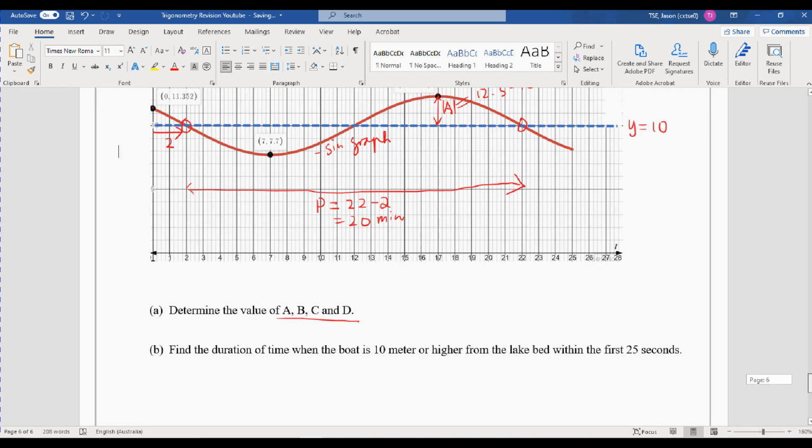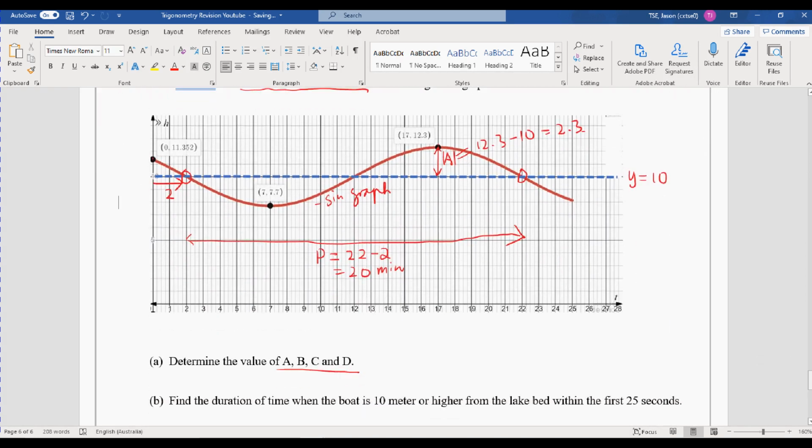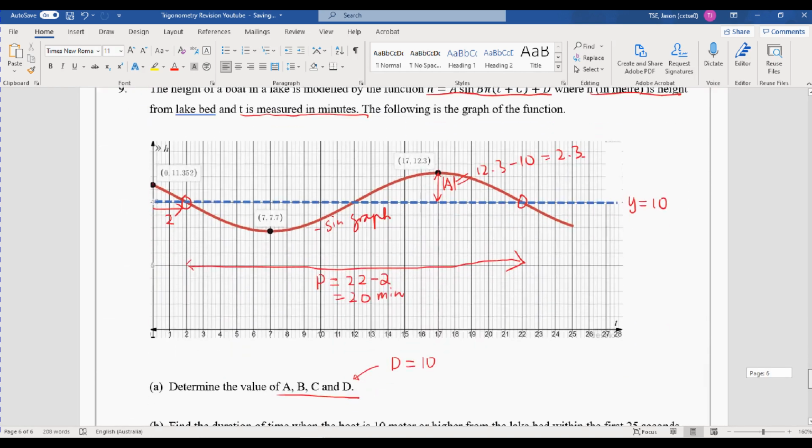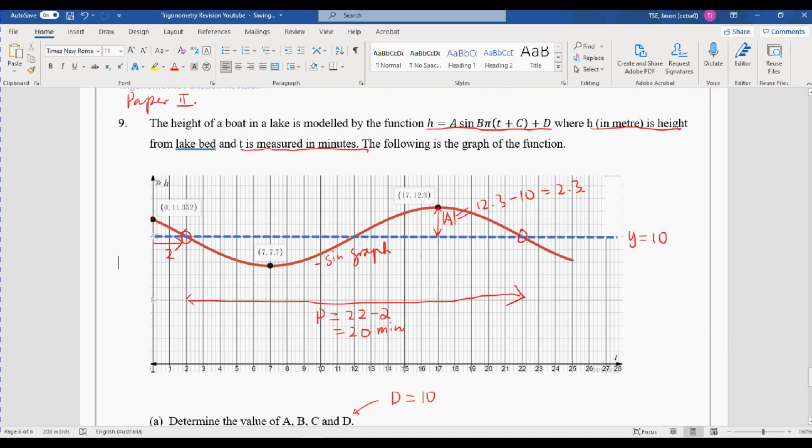The first obvious answer is for D. The value of D is just the value of the horizontal middle line, which is y equals 10, so D equals 10. The other obvious value is for the period. We know the period is 20, and we multiply B pi in front of t.